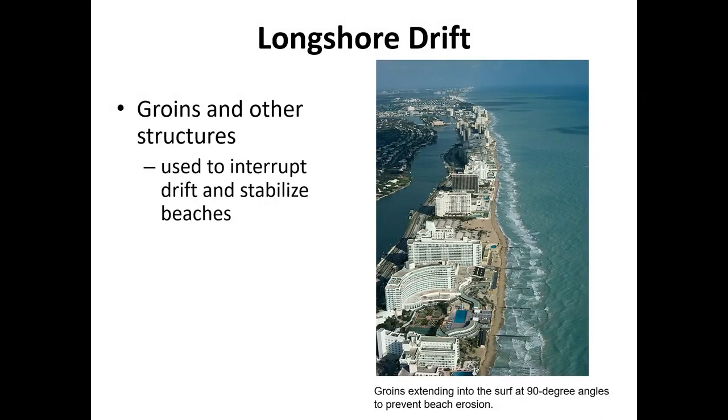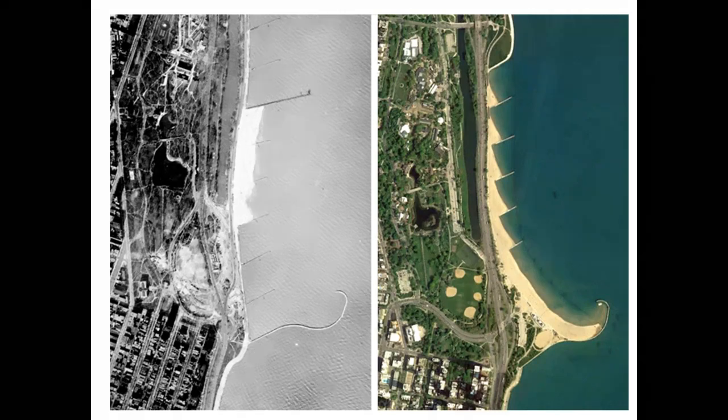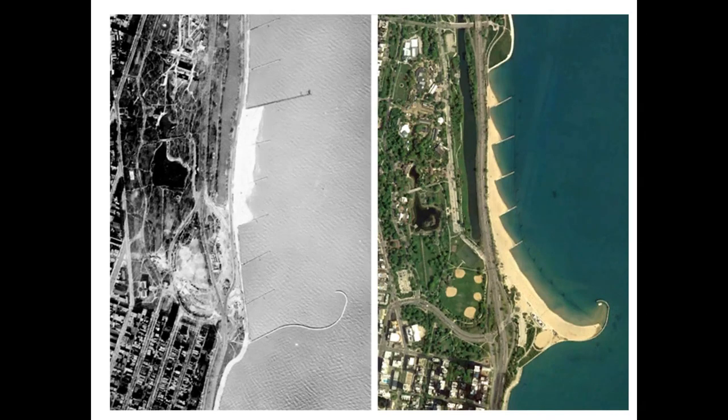This is Miami Beach here, and Chicago has planted a lot of these along their coast. You can see here on the top right, Chicago's building these little groins, as they call them. And then on the right, you can see after several decades, sand has naturally built up in some of these that are jutting out, and it has created a nice beach.